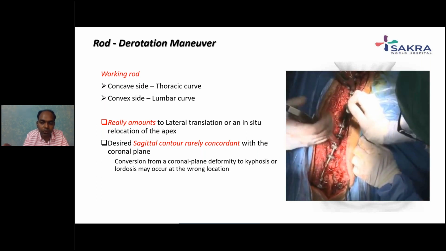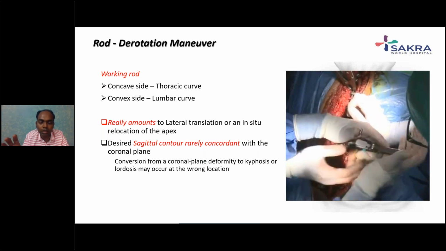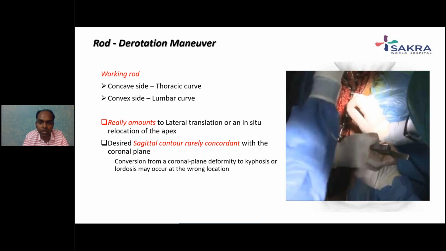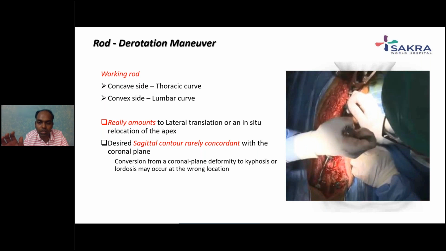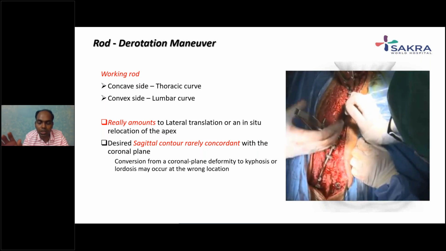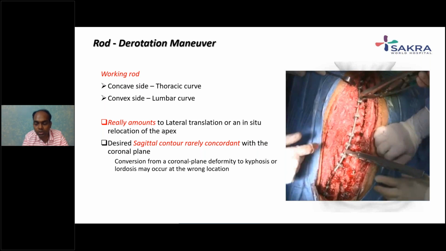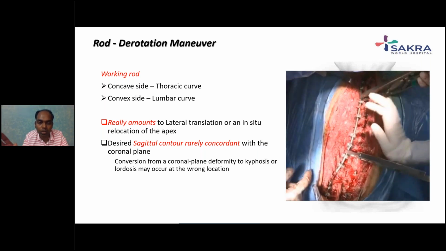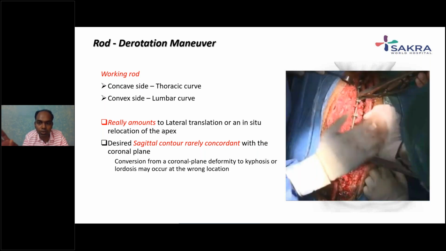Why? Because when the rod is derotated on the concave side of the thoracic spine, it helps in achieving kyphosis. But when the convex rod is placed on the lumbar spine and derotated, it will produce lordosis. So that's why the concave rod is the working rod for the thoracic curve and the convex rod is the working rod for the lumbar curve.